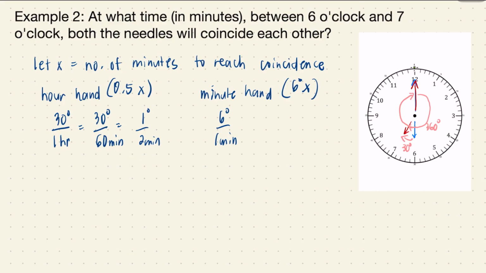Alright, but this 0.5x to be of the same. Let's use this as our reference instead. Okay, because the minute hand will start at 12, but the hour hand only starts here at 6. So it has a partida. Okay?